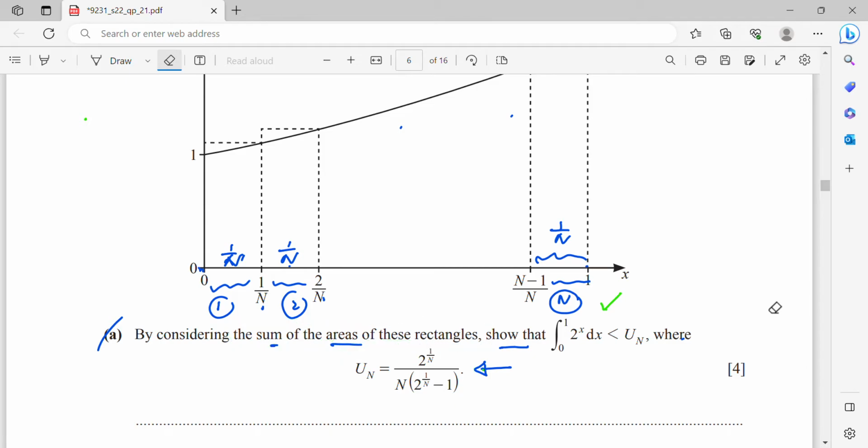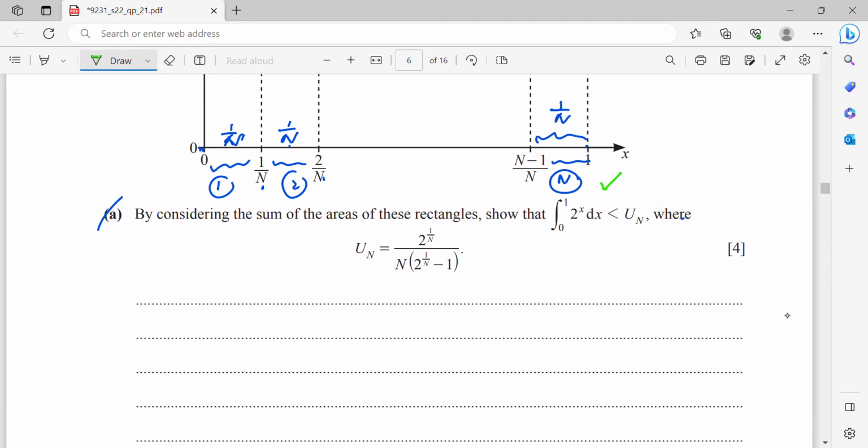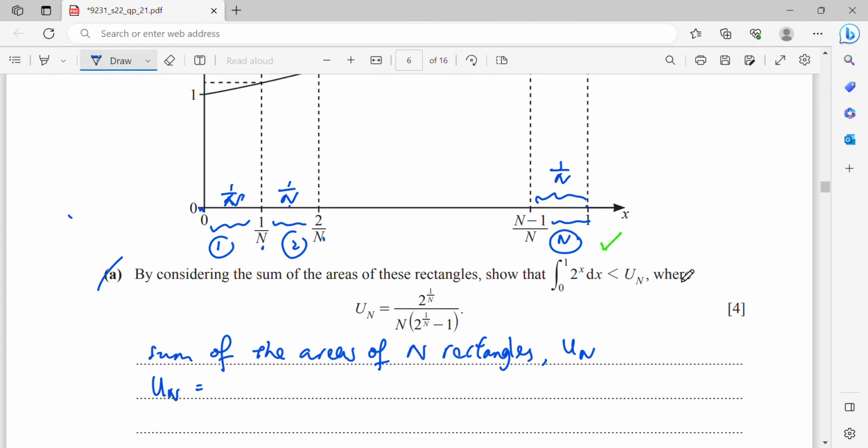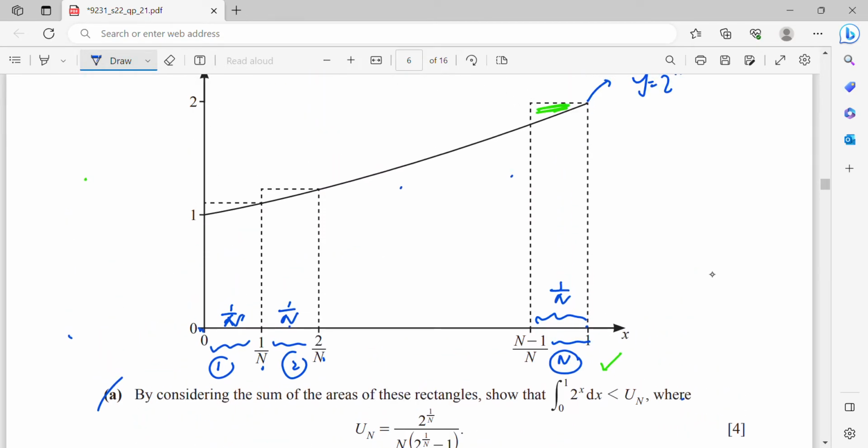So I will start with the sum of the areas of the rectangles first. Let the sum of the areas of n rectangles be un. The area of a rectangle is width times height.